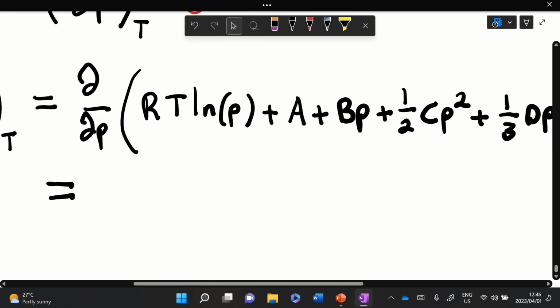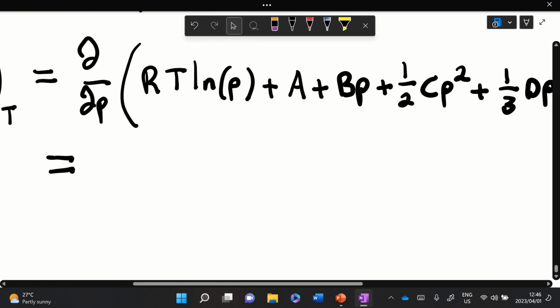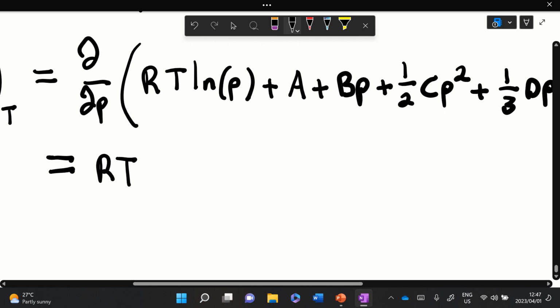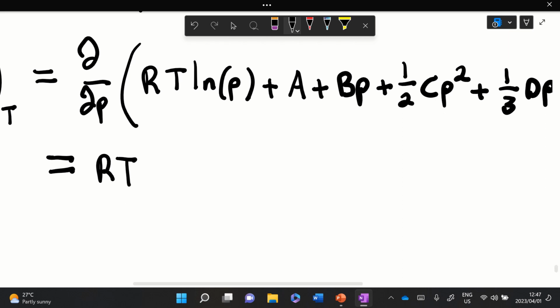Right. So if we take the derivative of each of these, the first one, R and T we established as constants in this case because that's how we're working with it. R is a constant, so we write R and T are constants. And the derivative of ln P with respect to P means we get 1 over P. The derivative with respect to P of just A is a constant, so it becomes 0.